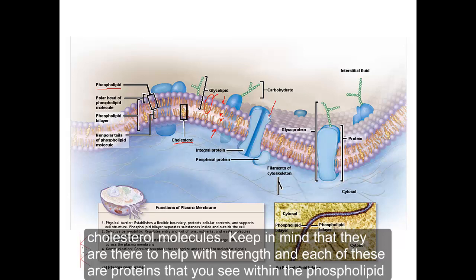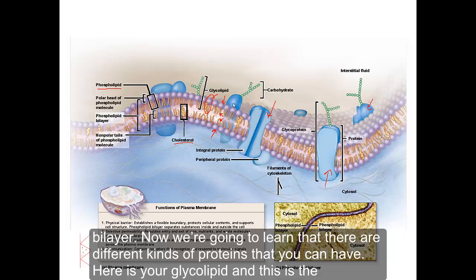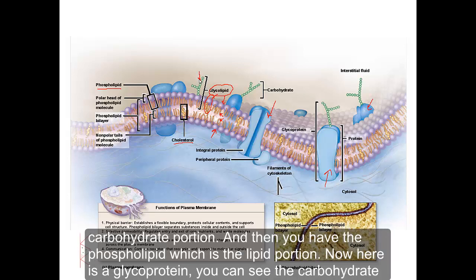And each of these are proteins that you see within the phospholipid bilayer. Now, we are going to learn that there are different kinds of proteins that you can have. Here is your glycolipid, and this is the carbohydrate portion, and then you have the phospholipid, which is the lipid portion.